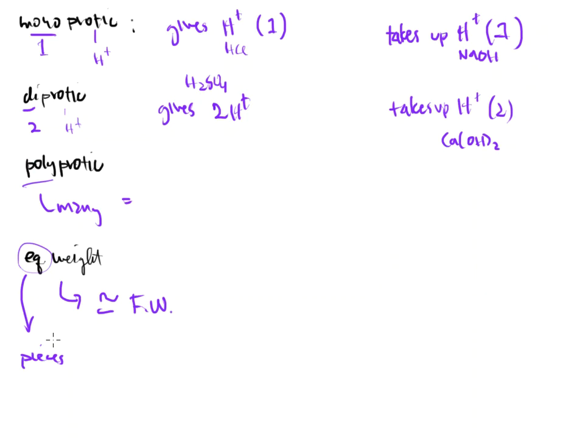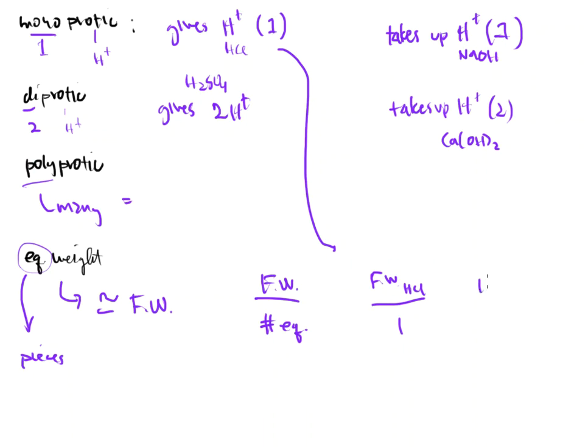To calculate equivalent weight, we take the formula weight of the compound and divide it by the number of equivalents that we're looking for. For HCl, I would take the formula weight of hydrochloric acid and divide it by 1, because HCl only has one proton that I'm interested in. I do the same thing with NaOH.